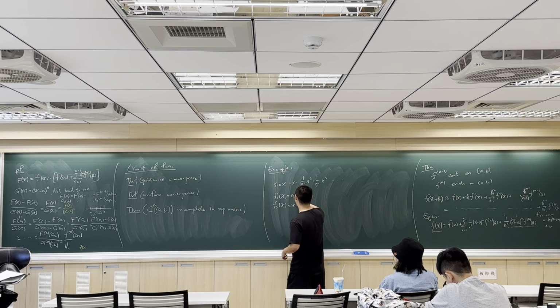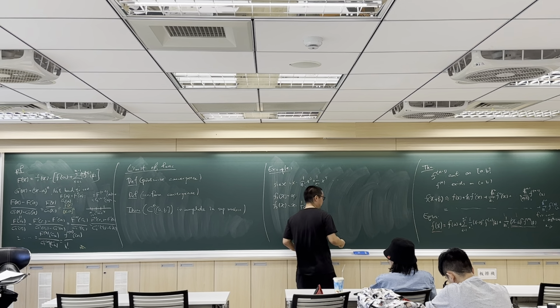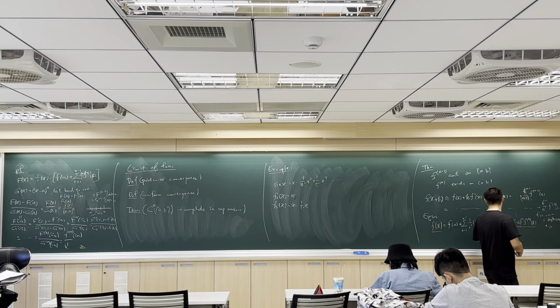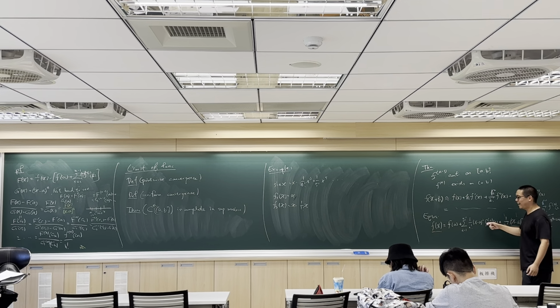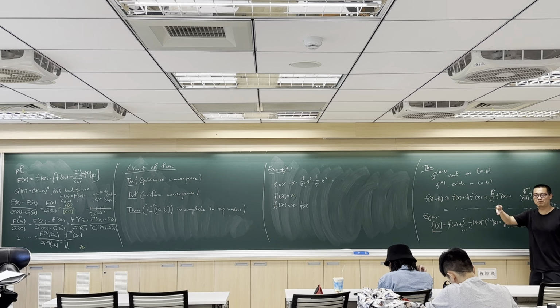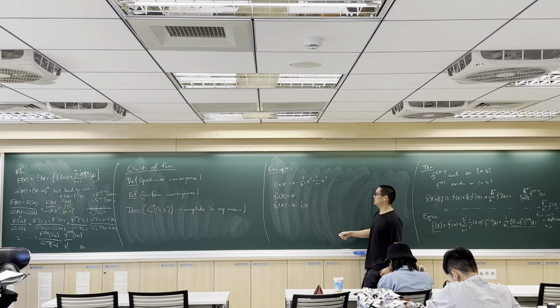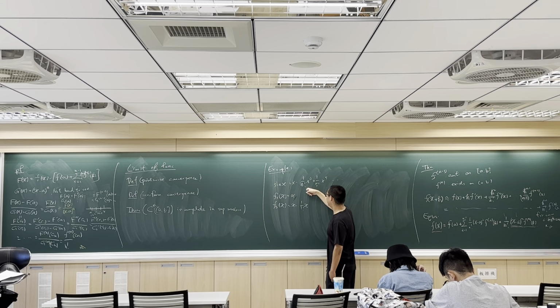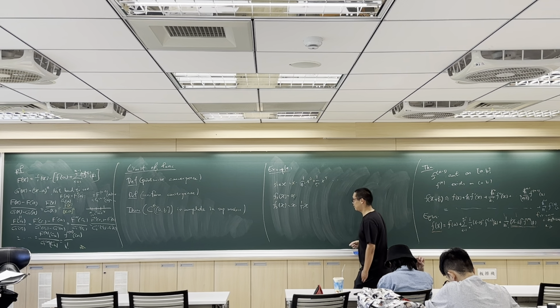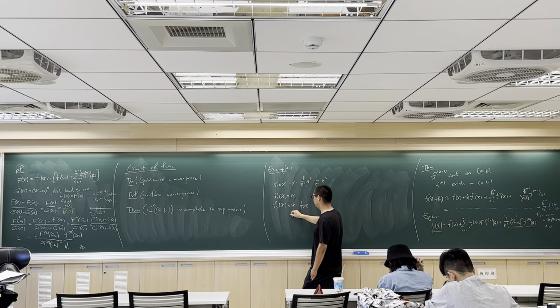That's because you just put sine here, and you can see 1, 0, minus 1, 0, 1, 0, and so on. So you see this kind of thing.